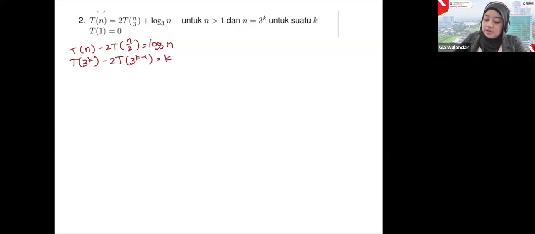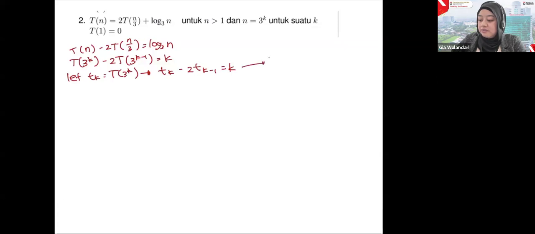So here we want to write T 3^k to k. So we can write it as tk minus 2 tk minus 1 equals to k, which means it is a non-homogeneous linear recurrence, where here we have b is 1 and the polynomial is k.